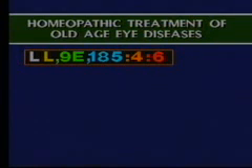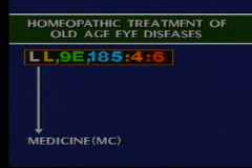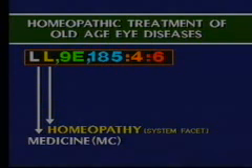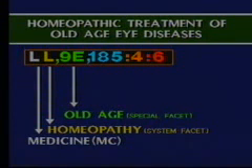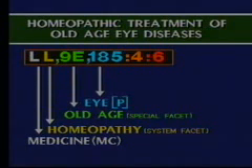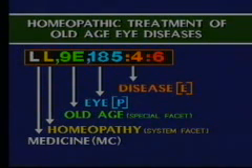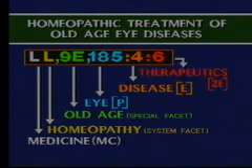4, 6, where L represents main class medicine. The second L represents homeopathy, the system facet. 9E represents old age, special facet. 185 represents eye, the personality facet. 4 represents disease, the energy facet. 6 represents therapeutics, the second round energy facet.